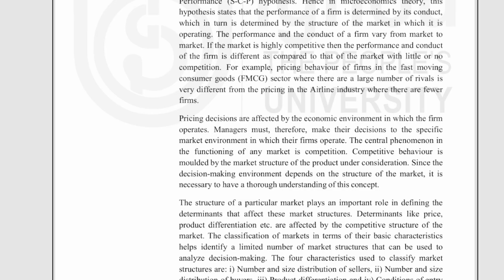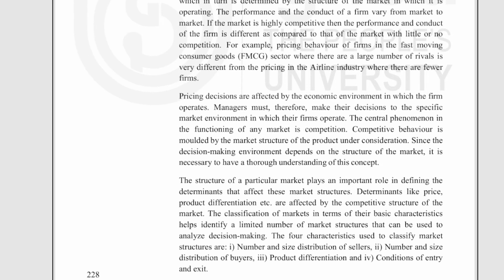The performance and the conduct of a firm vary from market to market. If the market is highly competitive, then the performance and conduct of the firm is different as compared to that of a market with little or no competition.